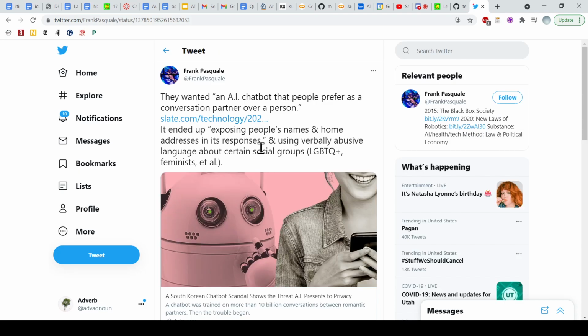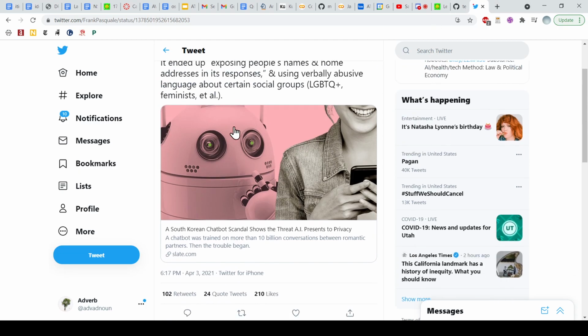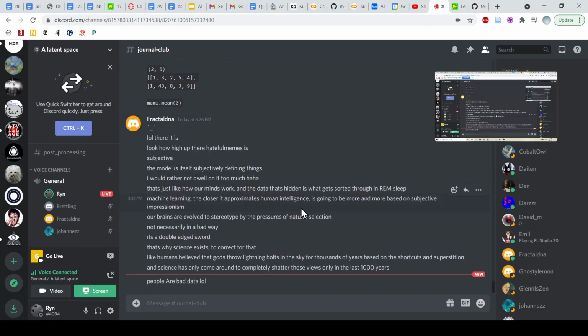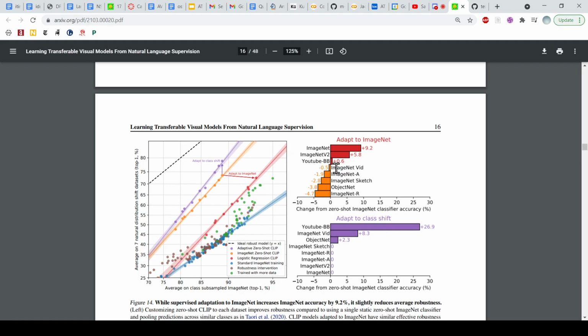Yeah, so there was this recent attempt to make an AI chatbot that people would prefer as a conversation partner over people. And naturally, it went terribly wrong because, again, not only are a lot of algorithms trained on bad data, a lot of people also don't care to understand that their models have privacy issues or will have these terrible responses.